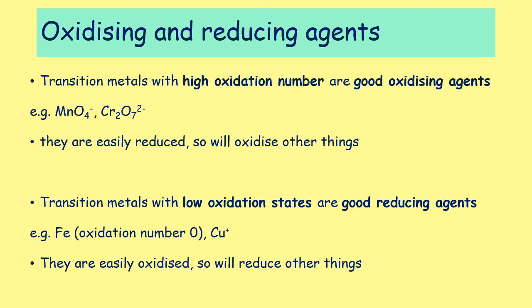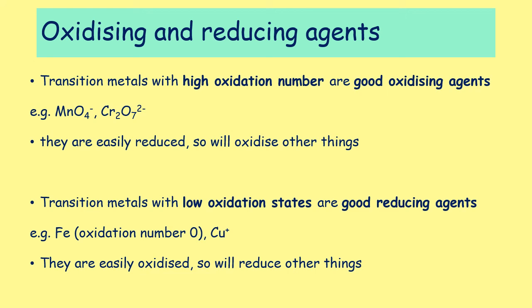And for metals, if a metal is a pure metal, it's not going to be an oxidizing agent. The only thing it can be is a reducing agent. However, if it's got an oxidation number of 1 or 2 or 3, it could be either, really.